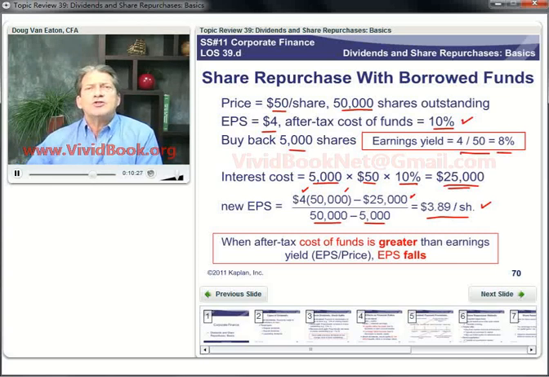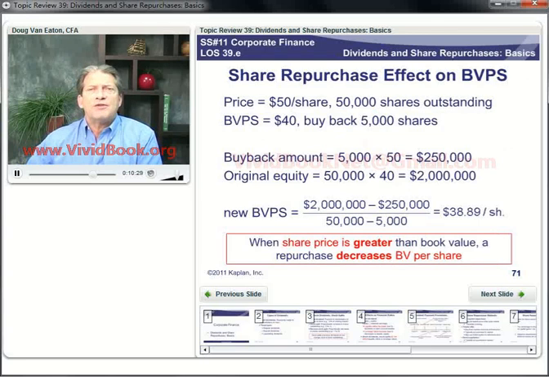Now let's look at share repurchase effects on book value per share. Again, we've got a price of $50 a share and 50,000 shares outstanding. Our book value per share is $40, and we're going to buy back 5,000 shares. Well, we're spending $250,000 buying this back. Our original equity was $2 million.